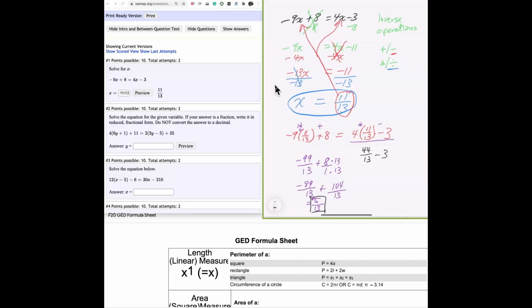So 3 we can write as a fraction, 3/1, and then we have 44/13 minus, and if we multiply the numerator and denominator by 13, we will get 39/13. And then 44 minus 39 is 5, and the units is 13. So these are equal, so that is the correct answer. So we'll go ahead and proceed to the next problem.